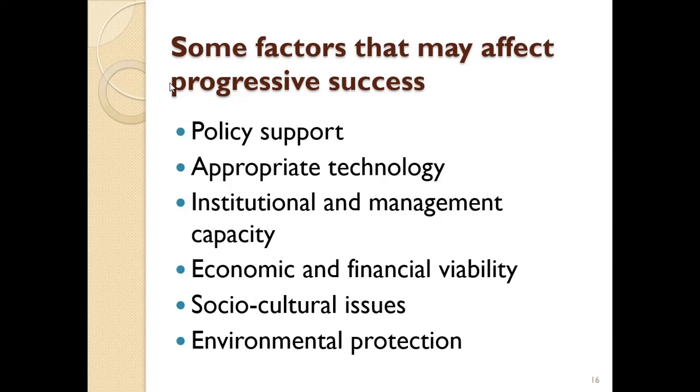You have environmental protection, maybe there are protection policies and legal frameworks, and social cultural issues, such as gender issues. Maybe in that community you want to help women to demand legal services, but in a patriarchal community, women would be limited in terms of movement to access such services.